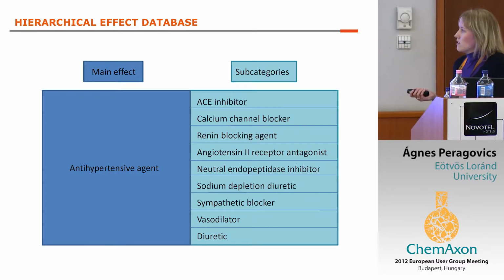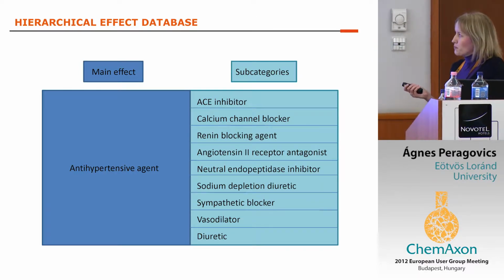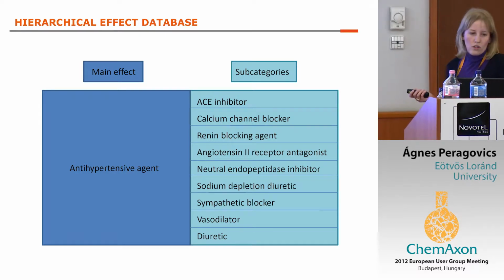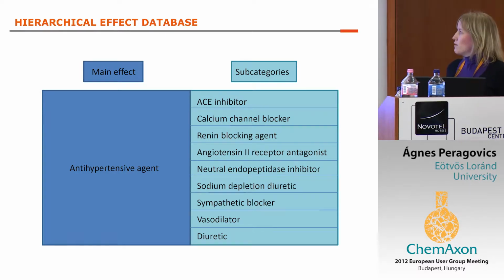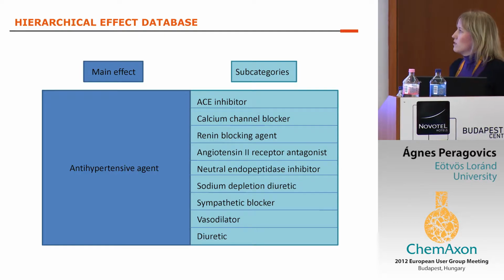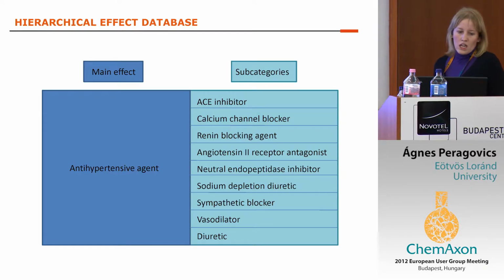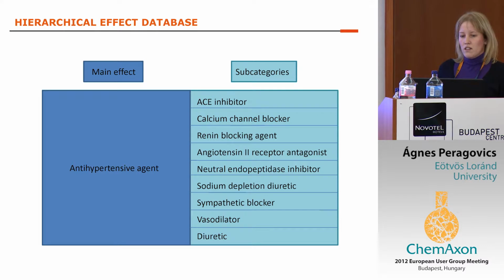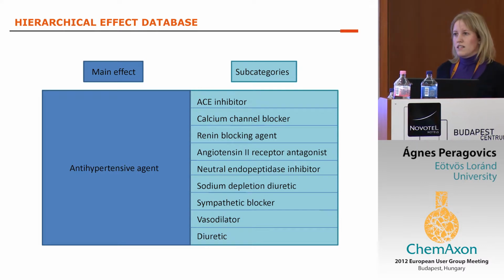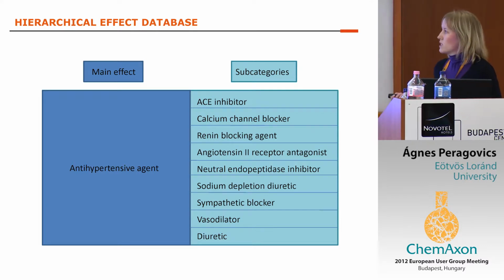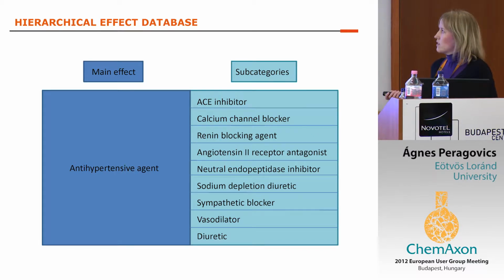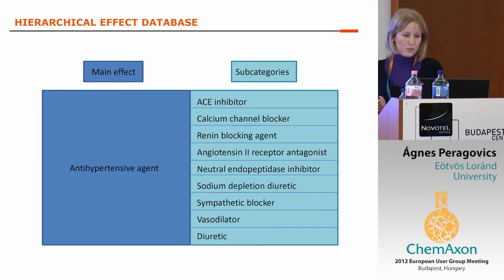In our database, we have 62 of such main effects, and they are further divided into subcategories. This way, we can investigate the impact of reducing wide effect categories into more cohesive subgroups.